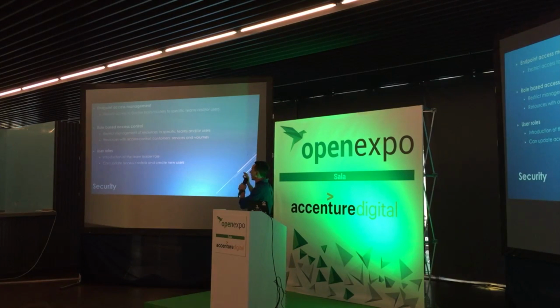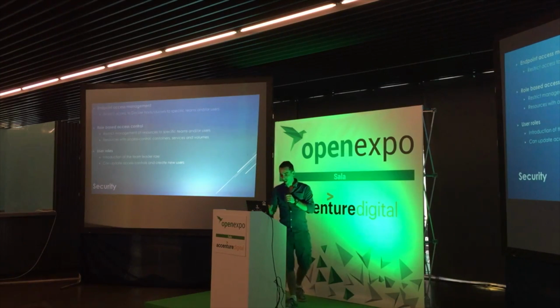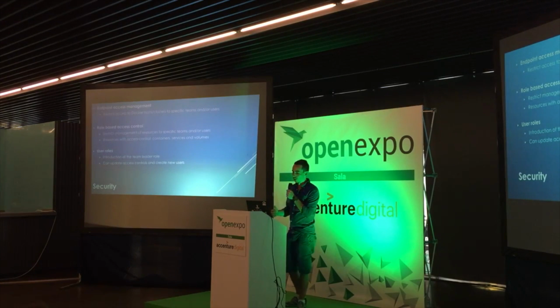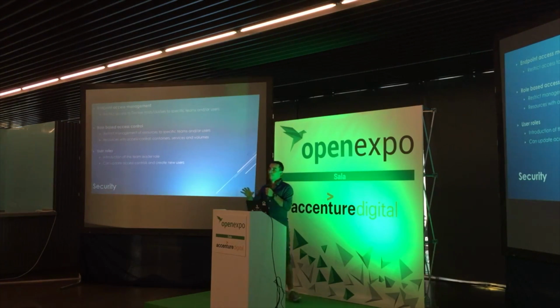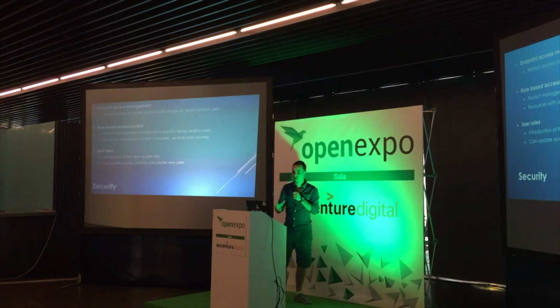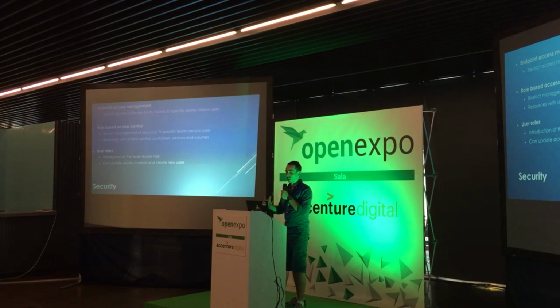You can manage access on resources, which are containers, services, and volumes. So we introduce the notion of team and a new role, which is the team leader. So you can actually pick any user defined in Portainer and promote him to team leader. It's pretty much a regular user account, but he can also access the user creation view, so he'll be able to create new users and add them to the team.